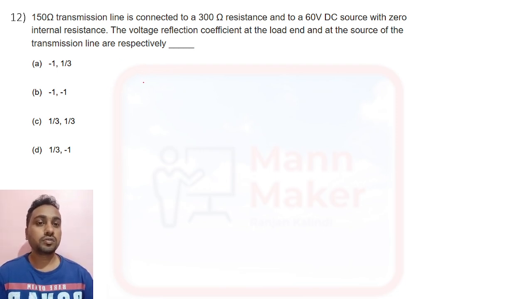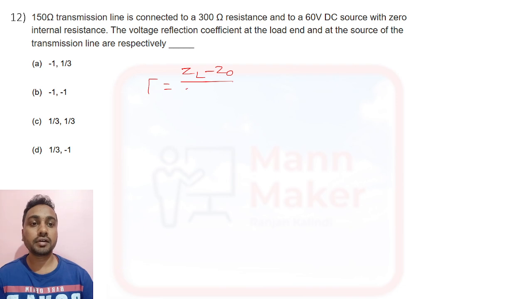So we need to find the reflection coefficient. Reflection coefficient we will represent with this symbol, gamma, and it is ZL minus Z naught divided by ZL plus Z naught. The formula will be like this. ZL is the load impedance, and Z naught is the characteristic impedance.